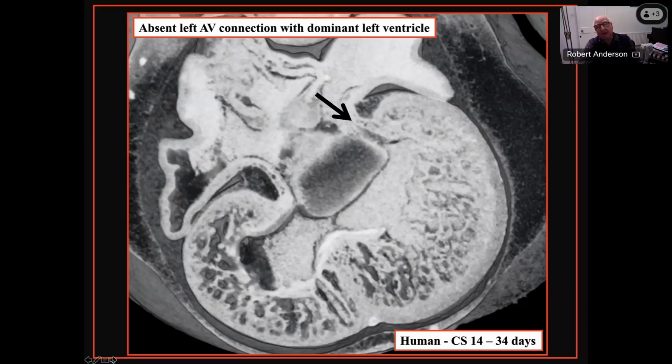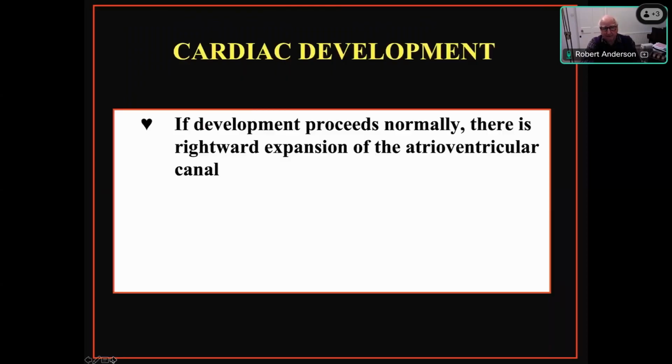So we can explain all of the variants in the setting of dominant left ventricle, depending on the way the primary atrial septum grows relative to the atrioventricular canal.